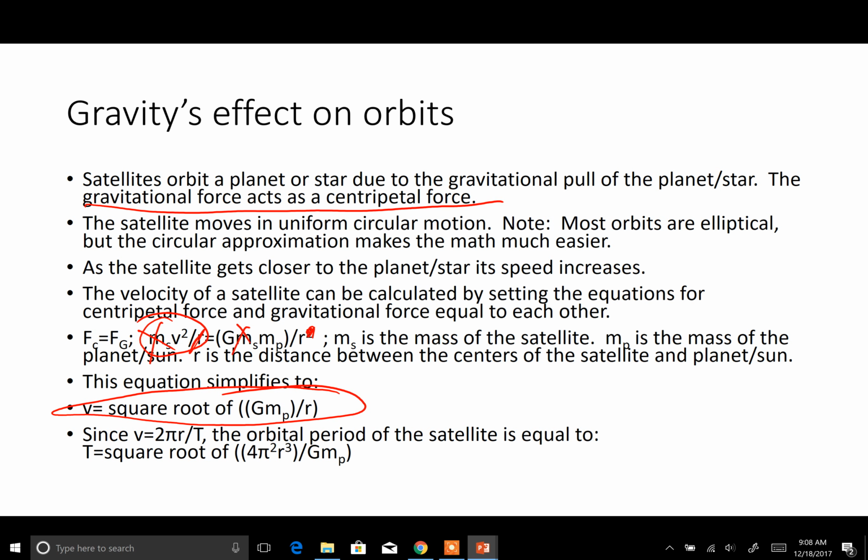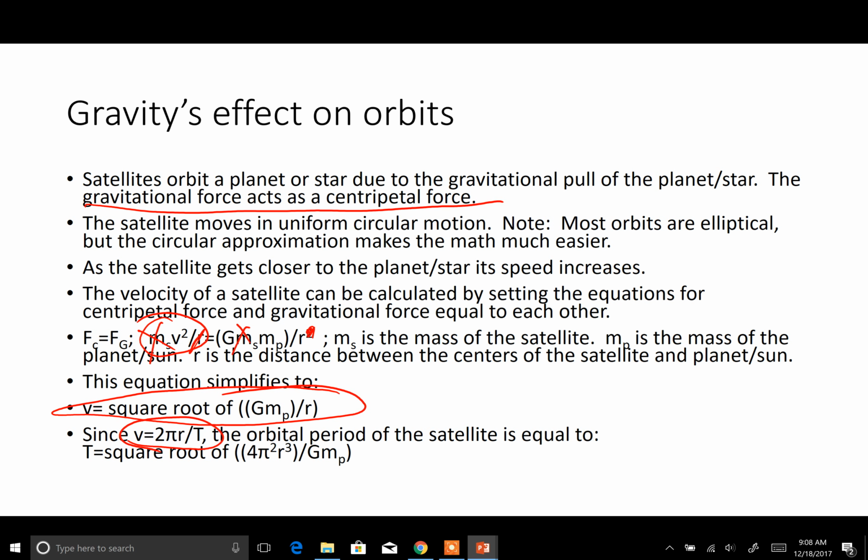So we can think of the speed as being proportional to the square root of 1 over the radius. Also, we know that the speed is equal to 2 pi r over t.